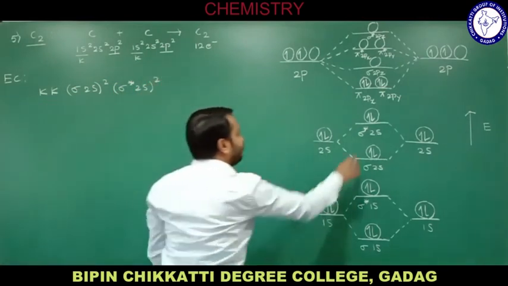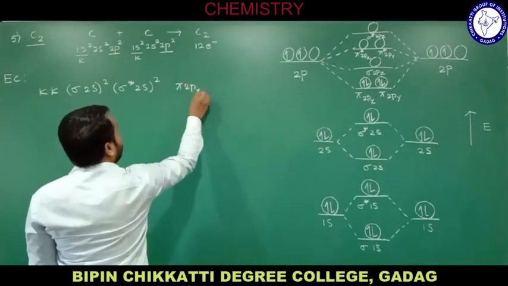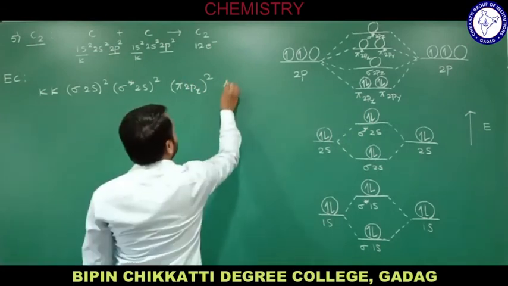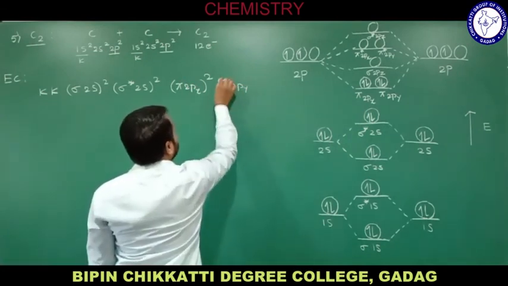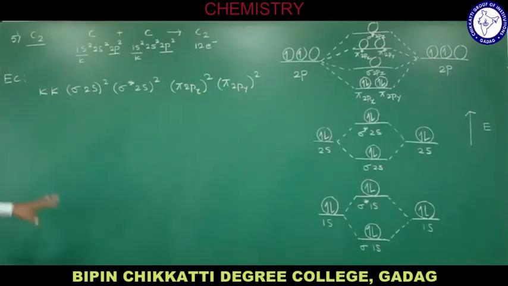Now we have pi 2px, how many electrons? 2 electrons, and one more is pi 2py, also 2 electrons, and there are no electrons in the rest. That is the electronic configuration of C2.